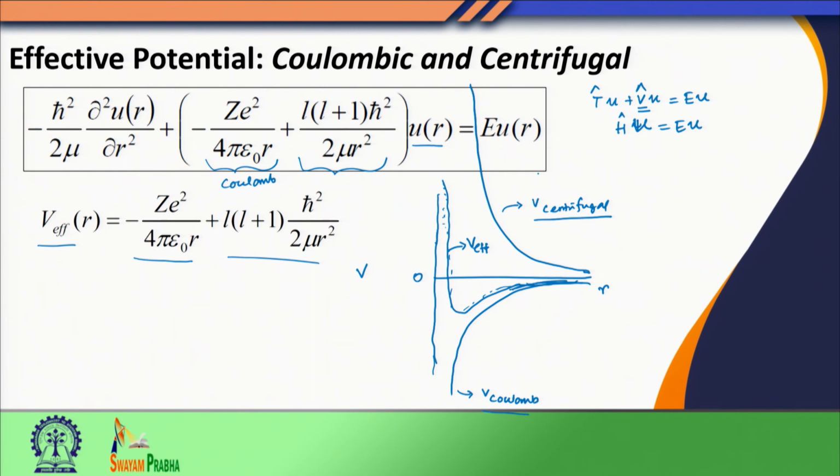So, there are two competing forces, one the Coulomb, another the centrifugal. At the end, what happens is that this V effective develops a minimum at a finite value of r, and this is where the quantum mechanical solution for the hydrogen atom becomes interesting.